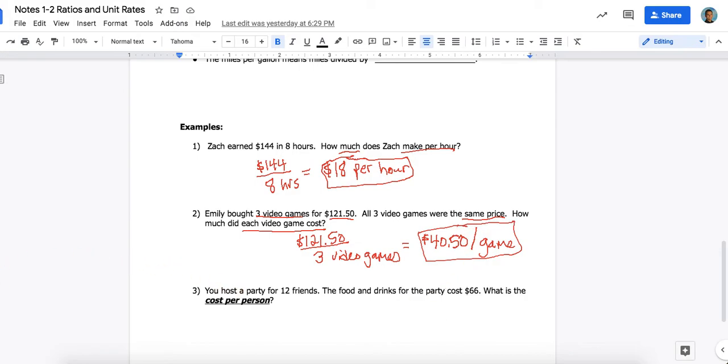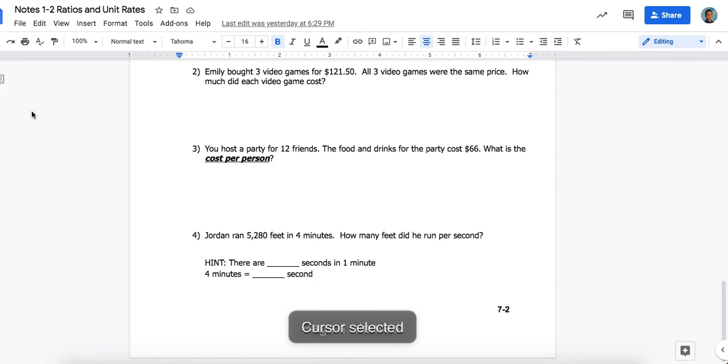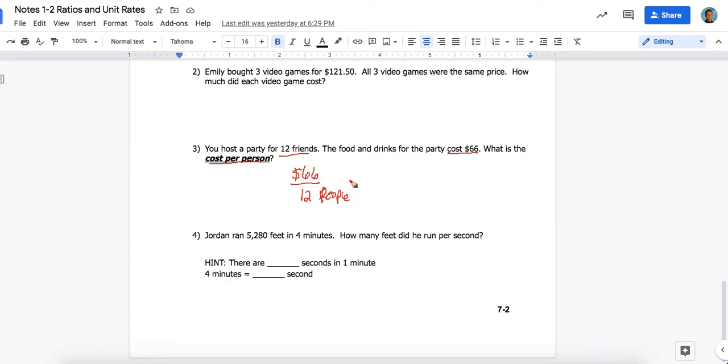Okay, number 3. You host a party for 12 friends. The food and drinks for the party cost $66. Now look what it says. What is the cost per person? So that means we're going to take the cost divided by the persons. And I know the cost didn't come first. The friends came first. But that doesn't matter. Look what this says. Cost per person. So I'm going to take 66 divided by 12 friends, or I could say 12 people since it's talking about the cost per person.